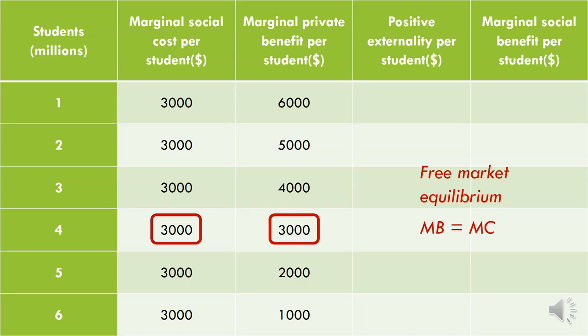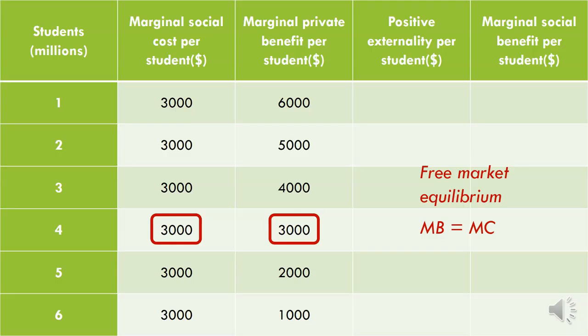So $3,000 equals $3,000. If you were to draw this graphically, this would be the point of intersection between the demand curve, the marginal private benefit curve, which would be downward sloping. We can see it starts at 6,000, then 5,000, 4,000, 3,000, 2,000.